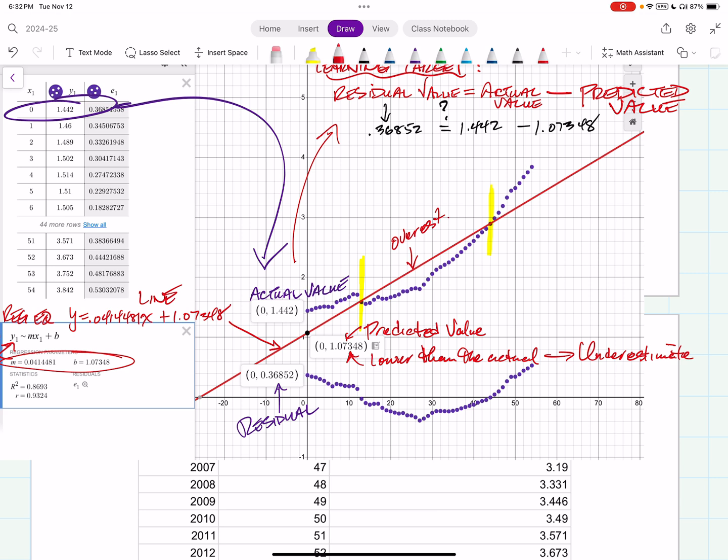Before that and after that, we have underestimates. So here we have underestimates between these two points, whatever they are, and we'll talk about that in a minute. We have an overestimate. And then from here on, we have another underestimate. Why? Because the predicted is less than the actual.